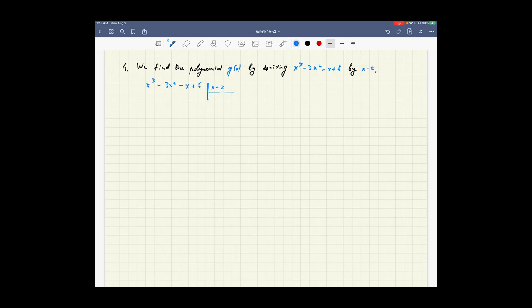So we get in the first iteration x squared. In the next iteration we divide negative x squared minus x plus 6.